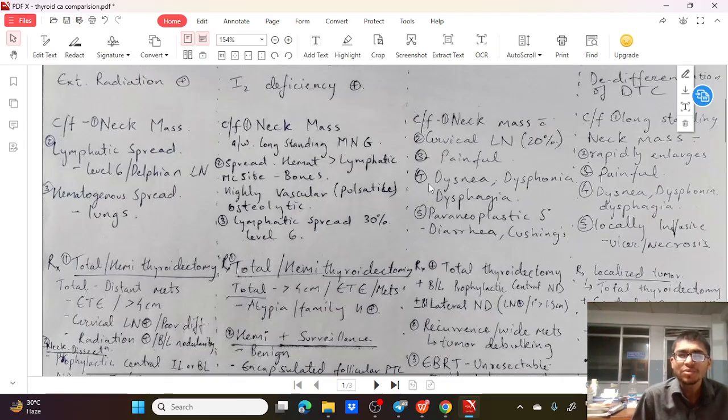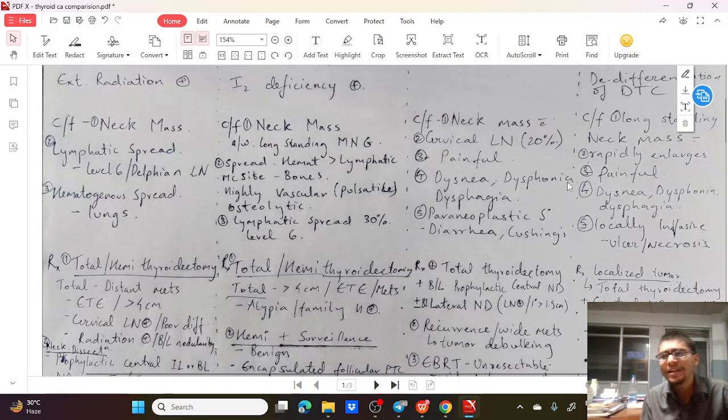They will give rise to dyspnea when involving the respiratory passage, dysphonia when involving the larynx, and dysphagia when the esophagus is involved. They will also produce paraneoplastic syndromes through the various substances produced by them, giving rise to diarrhea and Cushing syndrome.